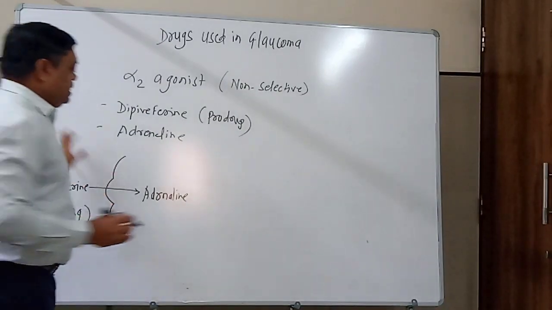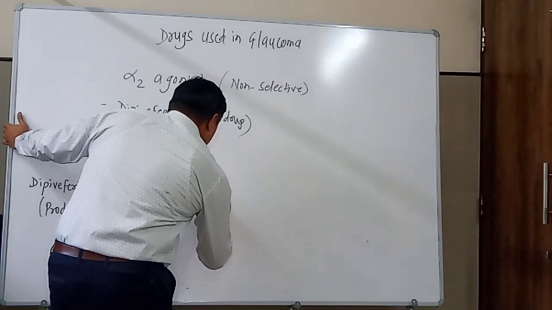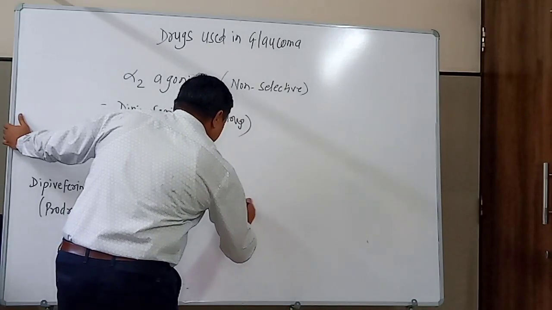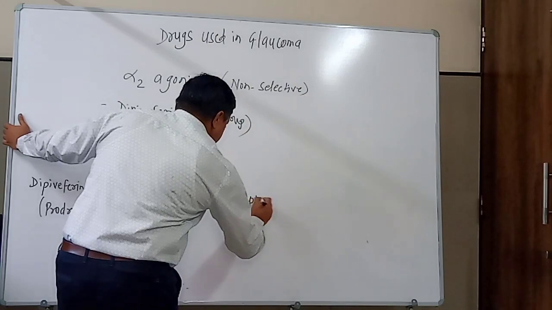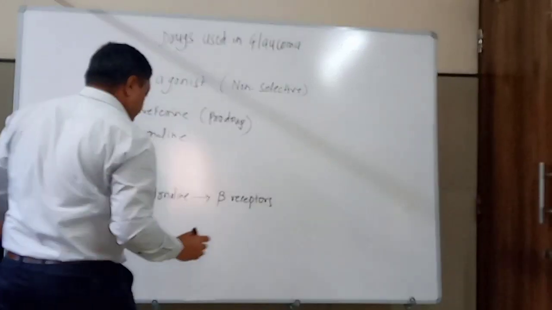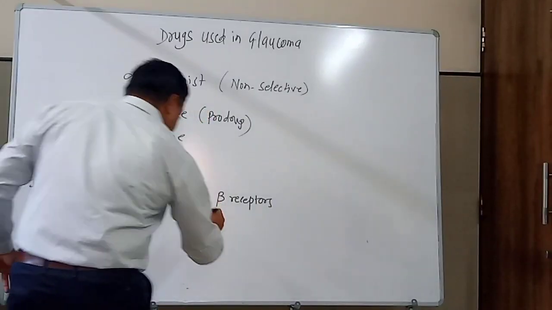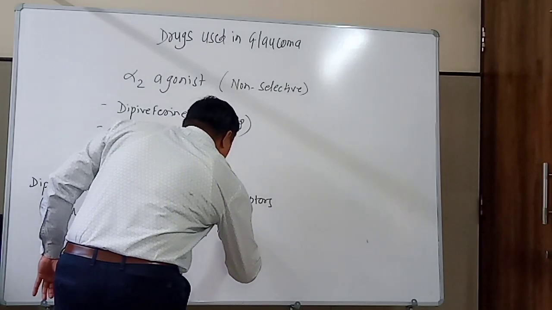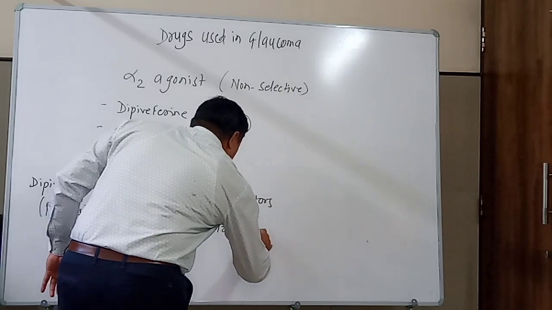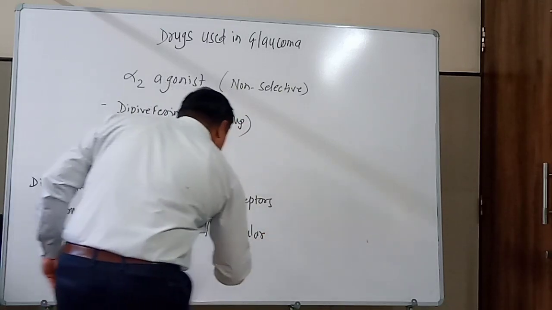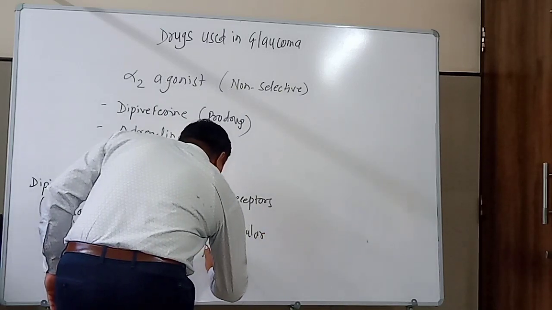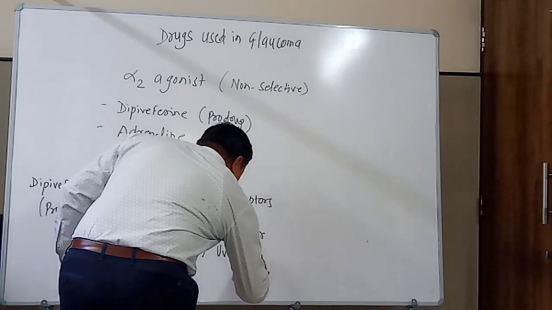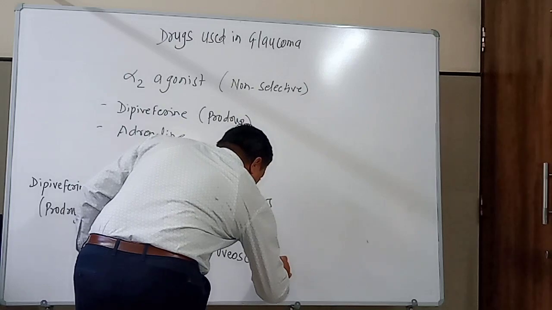Then this adrenaline acts on the beta receptor and increases trabecular as well as uveoscleral outflow.